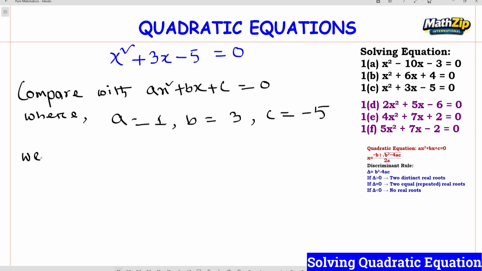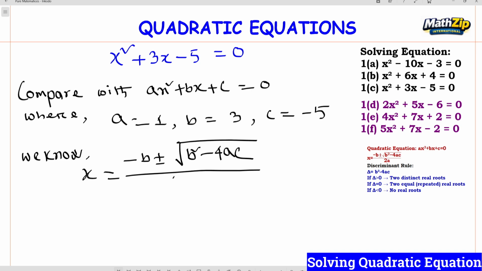We know x equals minus b plus minus root over b square minus 4ac divided by 2a. So what will happen here?